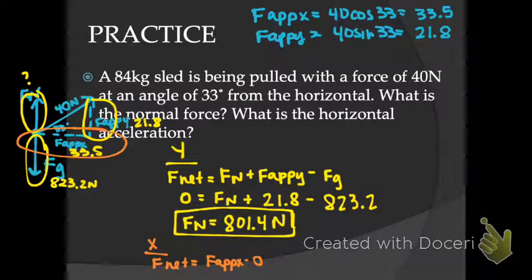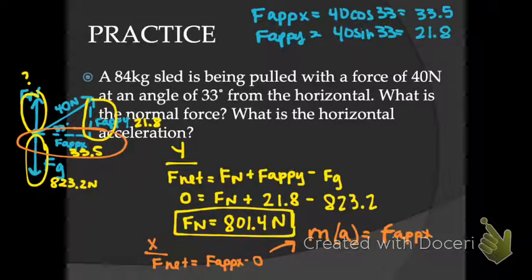Now it asks me to solve for horizontal acceleration. How can I get to a point where I've got acceleration in my equation? I substitute for F net m times a. I'm going to move over here to the side so I have a little more room. m times a equals F applied x.